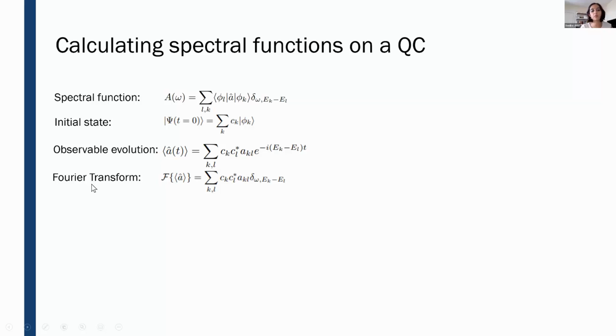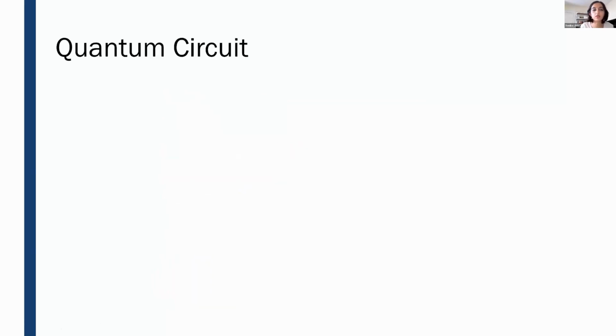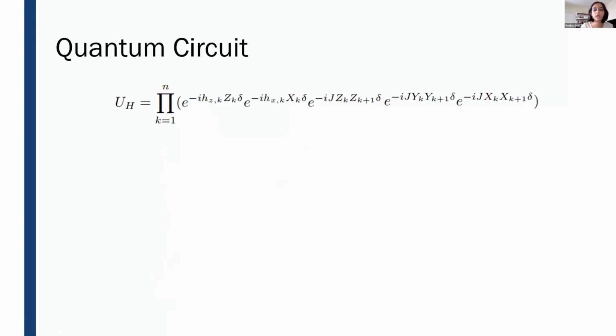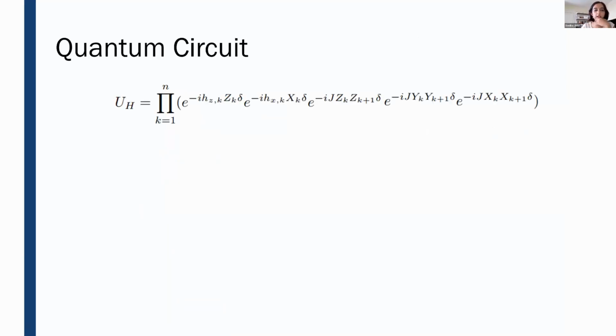And if you Fourier transform that classically, not on the quantum computer, you will get an analog of the spectral function. I'll skip over the finer details, but basically all you have to do is start your system in some random state, time evolve it under this Hamiltonian describing the model, measure the observable at different times t, and then Fourier transform that classically.